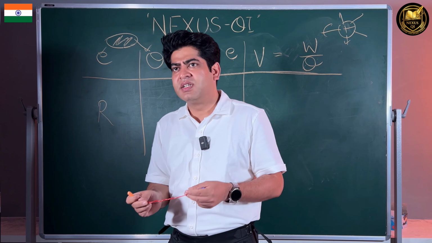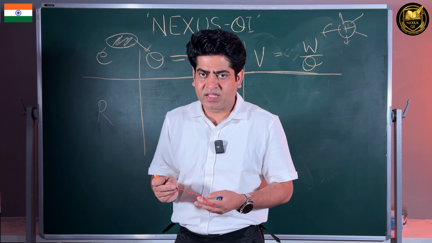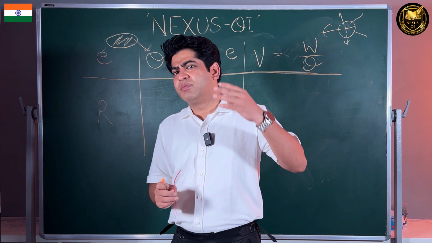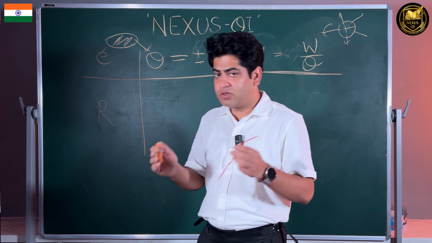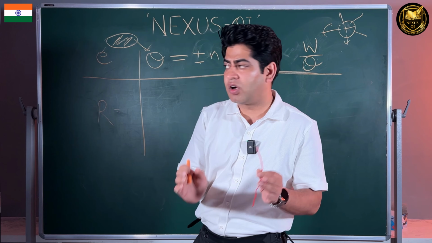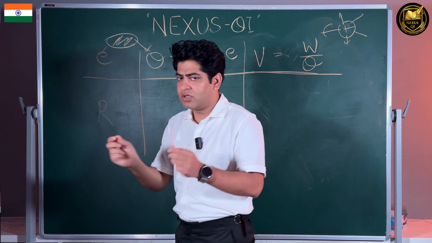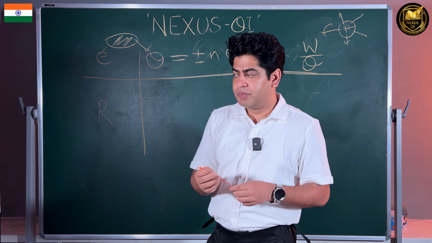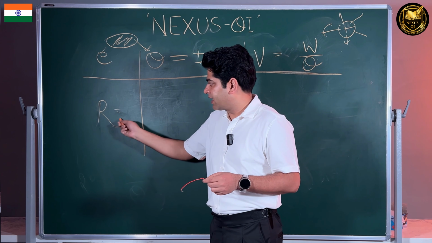What may be the other reasons? Impurity is present inside the wire, or there may be some gap, or many other reasons. But in your syllabus, what is the reason for resistance? Collision. While the charge moves, while the electron moves, they will collide with themselves. And after the collision, we get a factor, that is the resistance.